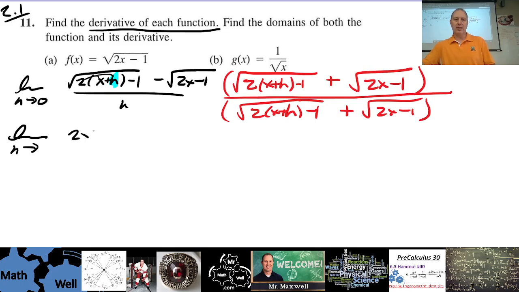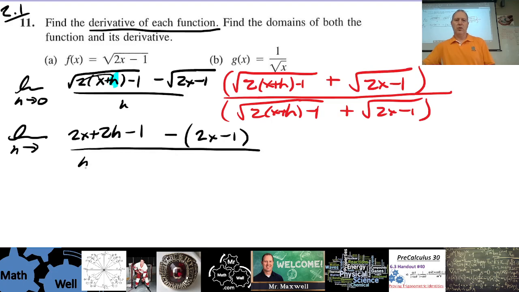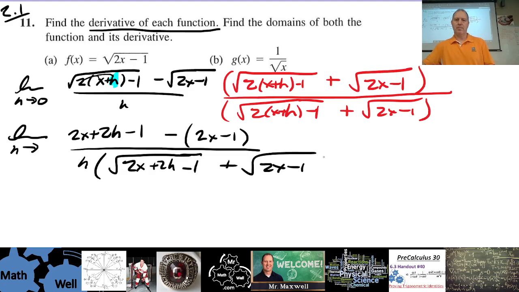So that's going to be 2x plus 2h minus 1. And then we're going to be subtracting the square of this one, which is just 2x minus 1. So h is down here, and then this whole thing is still here: root 2x plus 2h minus 1 plus root 2x minus 1.